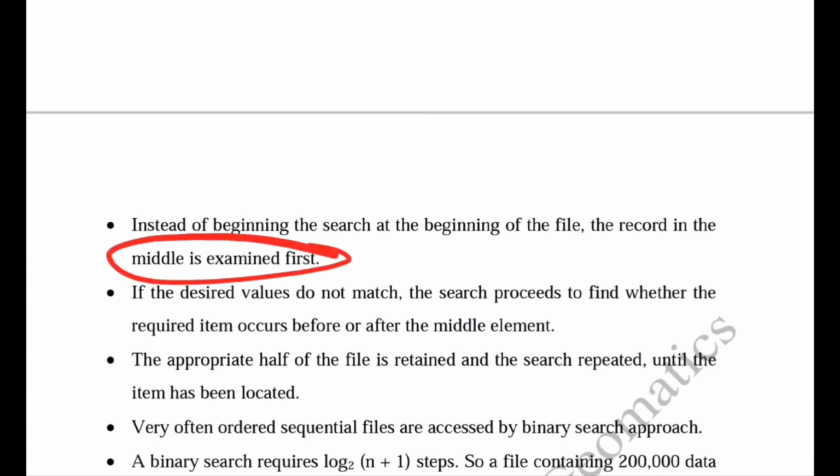So we first of all find the middle data. After that, for the data we want to search, we check whether the required item occurs before or after the middle element. We already know the data is stored in alphabetical order, so we can easily find whether it will be before or after the middle item. So in this ordered sequential file structure, half of the file is retained and the search is repeated until the item has been located.